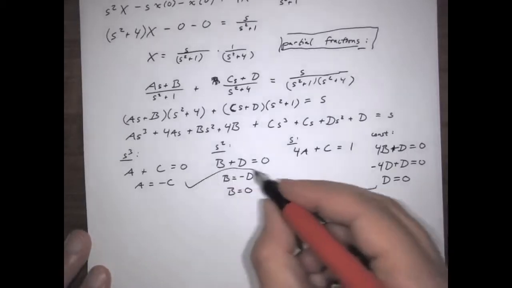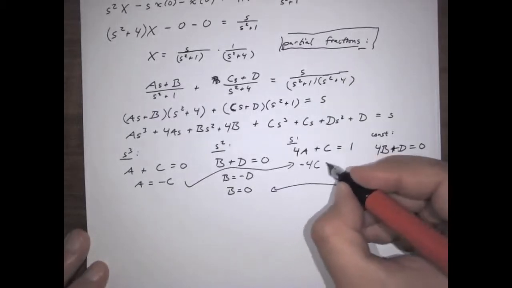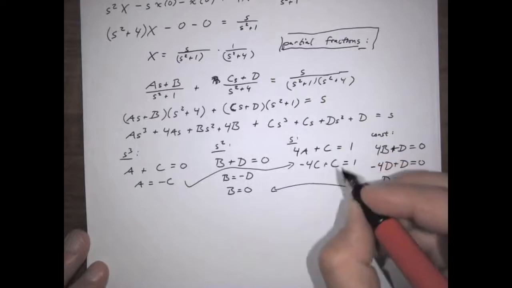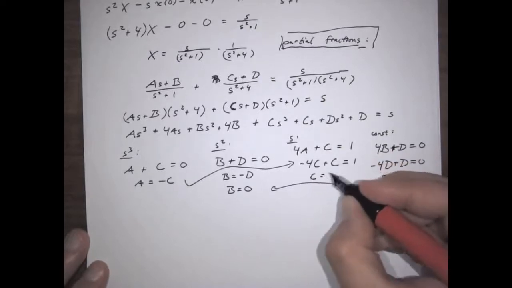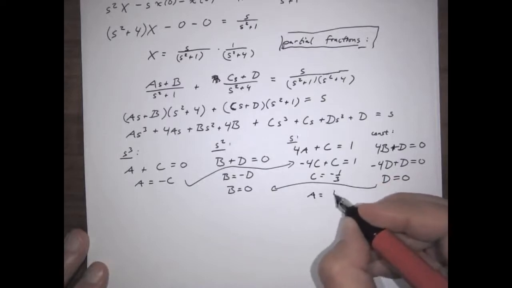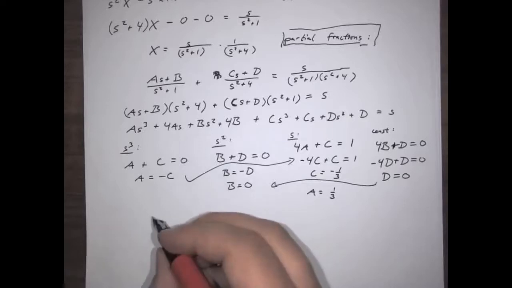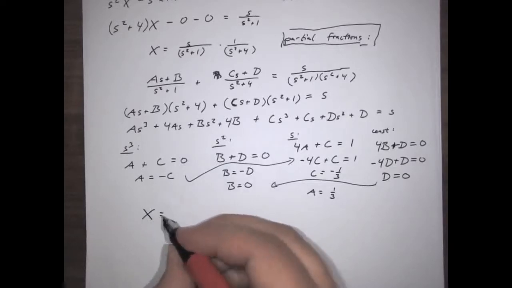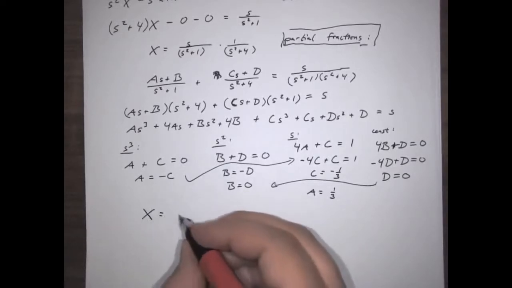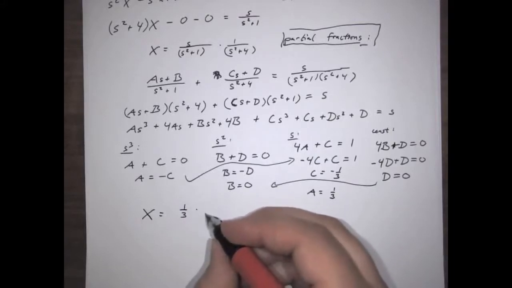And if I put this over here, that's going to be minus 4c plus c equals 1, which means c is going to equal negative 1/3, which means a is going to equal positive 1/3. And so altogether, what we've got here is that capital X is equal to 1/3 times, which one was this?